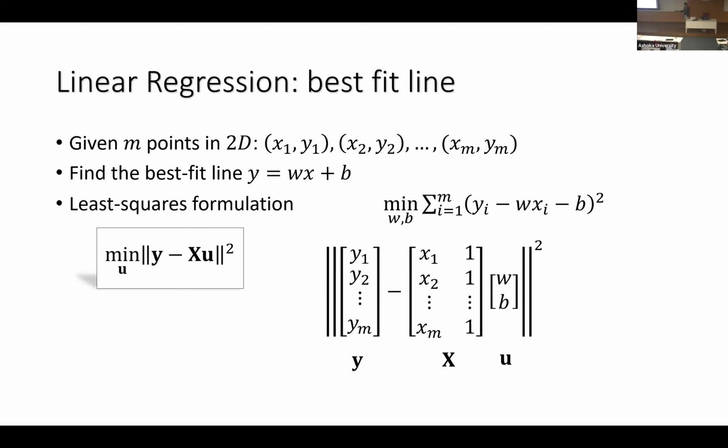So matrix multiplication will give you x1w plus b, x2w plus b. Once you do that, the problem is written in this vector notation. Generally in optimization context, vector notation is preferred because it allows us to not worry whether something is scalar or vector. Just assume everything is vector.